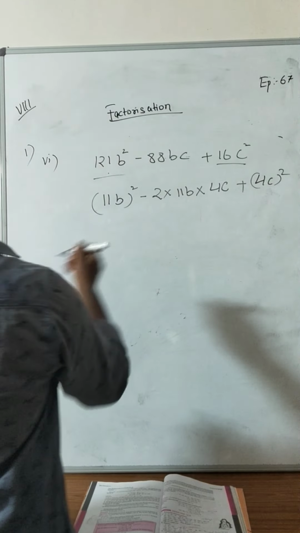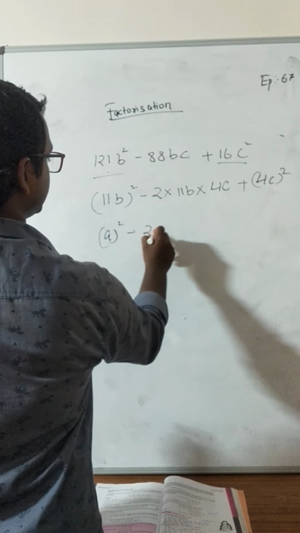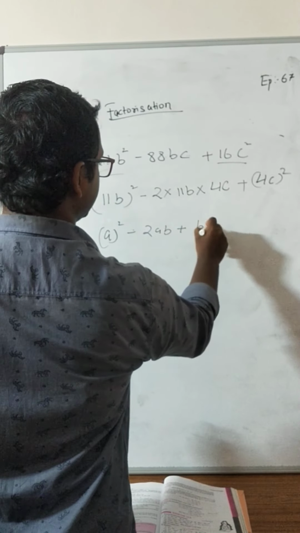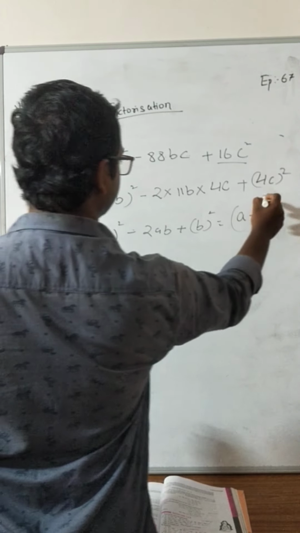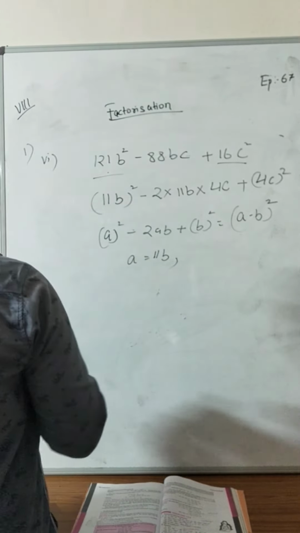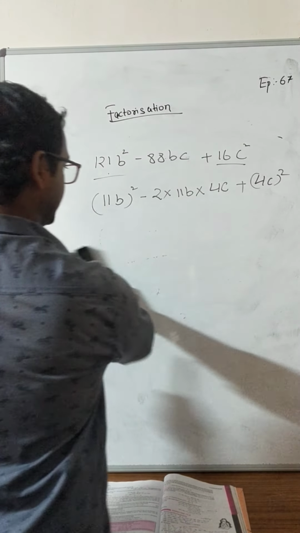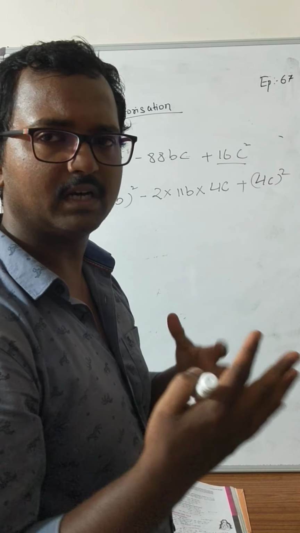Now this is of the format identity 1, where a square minus 2ab plus b square can be written as a minus b whole square. From this we can identify our a and b. Whenever you have similar variables like a and b, it might create some confusion.